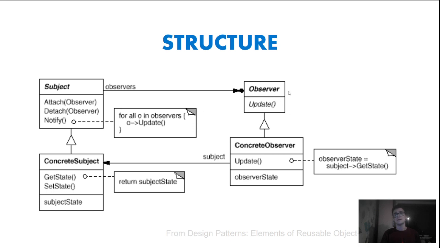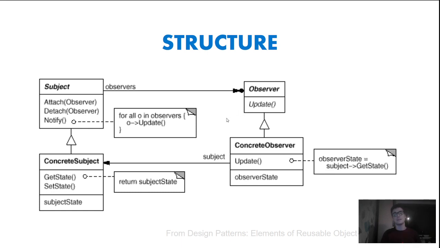And secondly, the other main class in our pattern is the observer class itself, and it has an update method, and this update method reacts to the notifications that the notify event sends to observers.